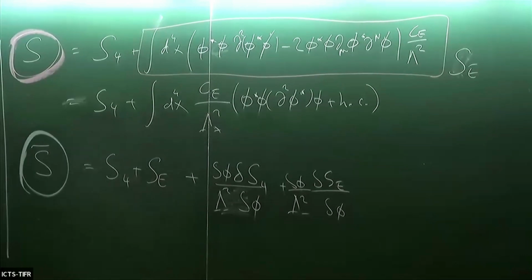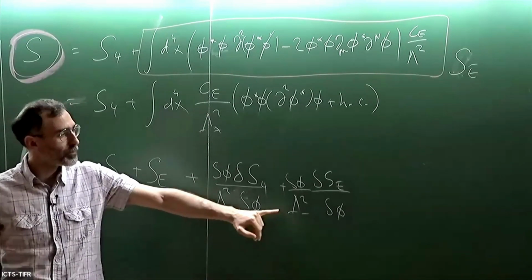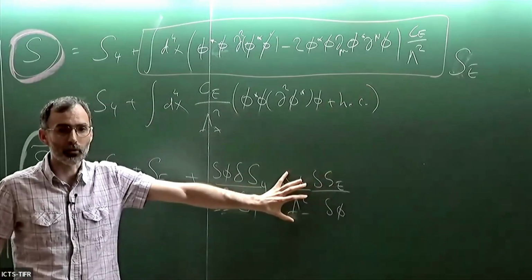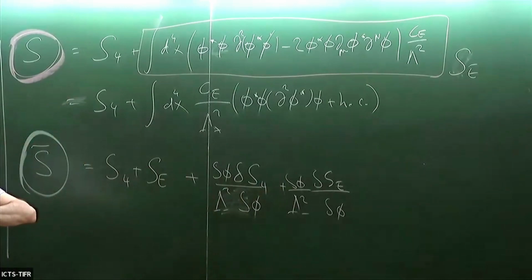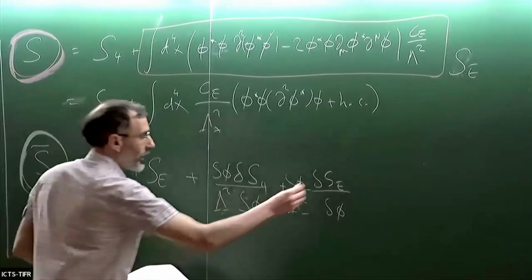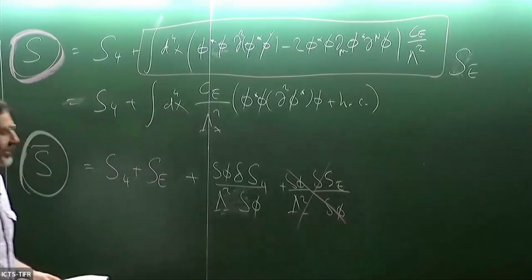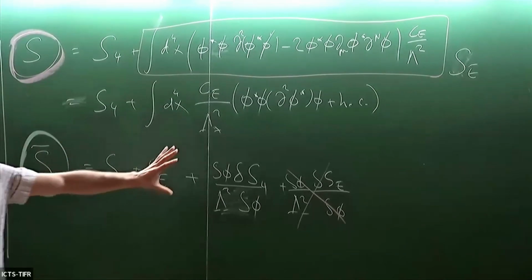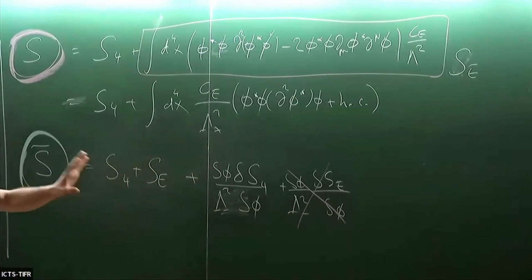I've heard it here and there. I've hidden it, but SE itself has 1 over lambda in there. So this is higher order in our expansion. We can throw it away. And that's nice. Again, we'll use this over and over again. An EFT is an expansion in a parameter. It doesn't make sense to keep higher orders unless you do it everywhere. And here we're only working to order 1 over lambda squared.